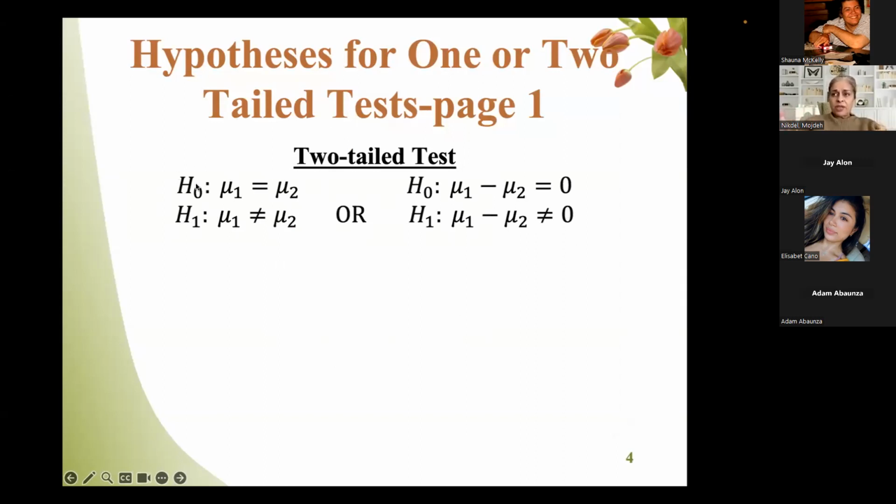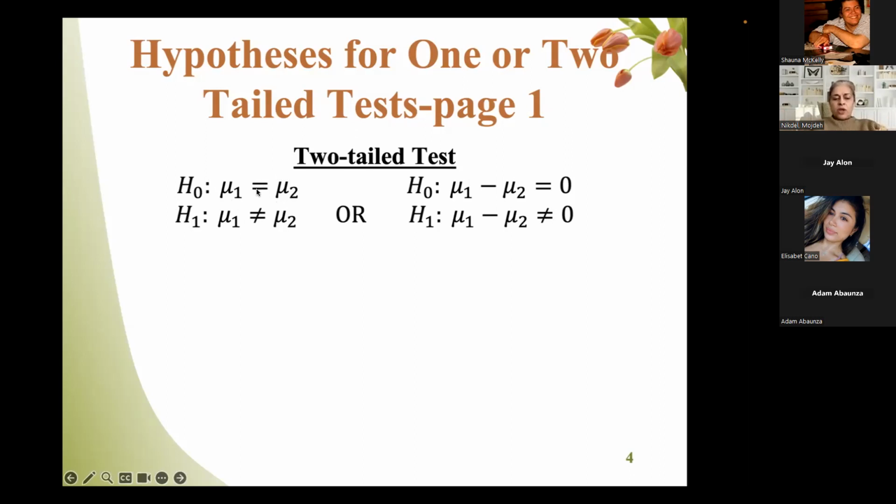We are doing hypothesis testing for two populations, so you are comparing their means. In chapter 8, for instance, we said null hypothesis mu equals 18, and alternative mu not equal to 18. But there is no number anymore. For the null hypothesis, we say mu1, the mean of the first population, equals mu2, the mean of the second population.